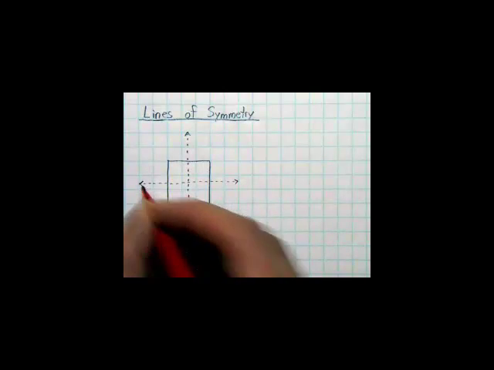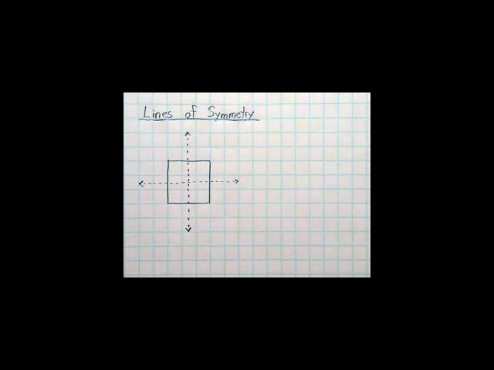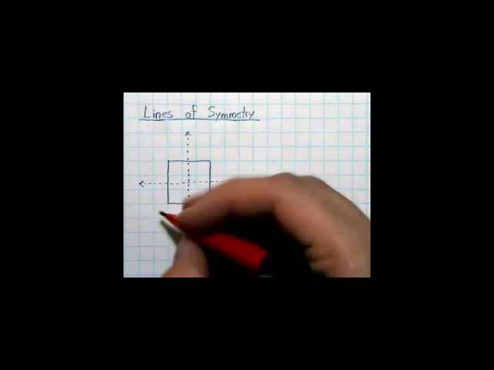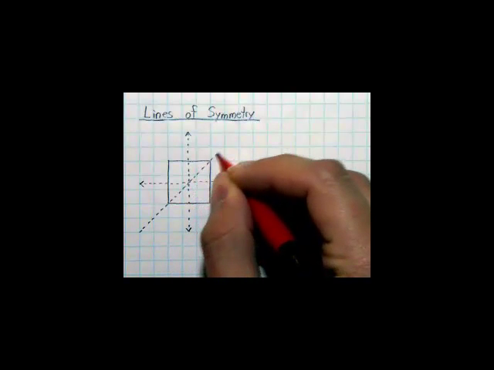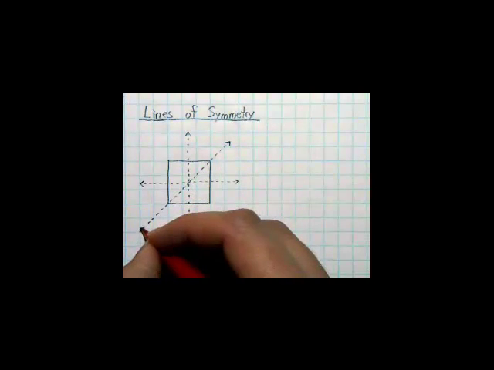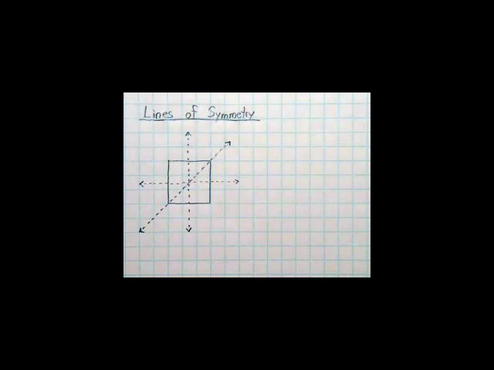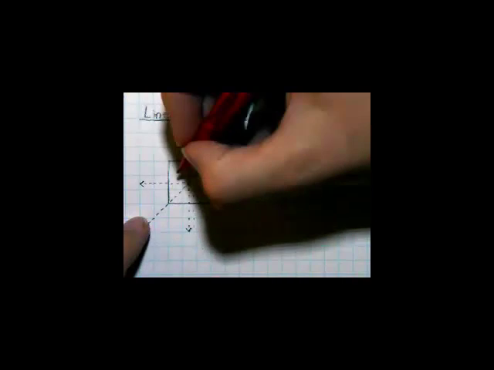So there's another one. If I could fold it over that line, it would work. Okay, somebody else, Jen. Okay, and we can go diagonally with it. And you can go diagonally the other way too. Yep.